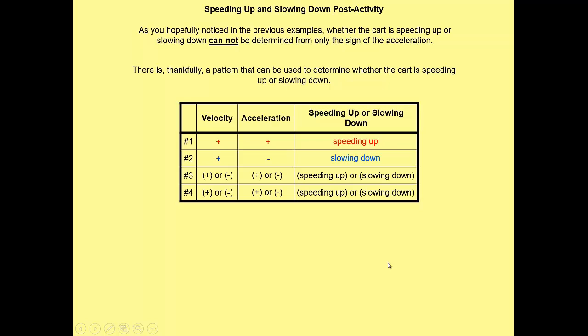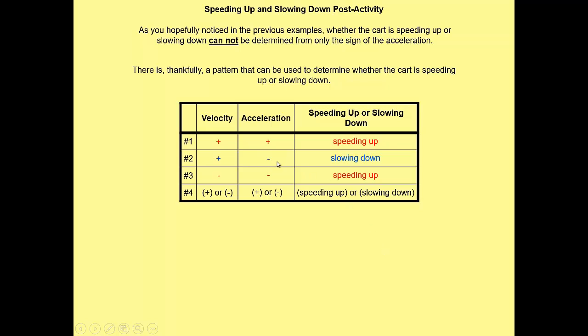Now at this point, most of you are probably rolling right along going, yeah, makes perfect sense. Positive acceleration speeding up, negative acceleration slowing down. And then you get to number 3. In this case, he walked to the left, so he had a negative velocity. He started way out at 10 and walked back to 0. His acceleration was also negative, and he was speeding up.